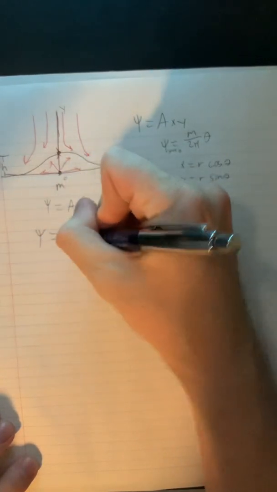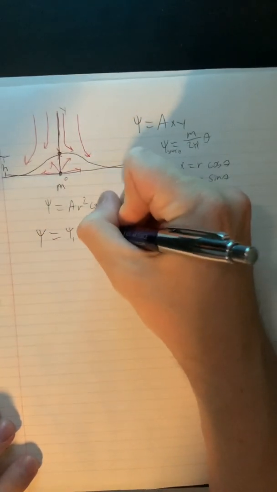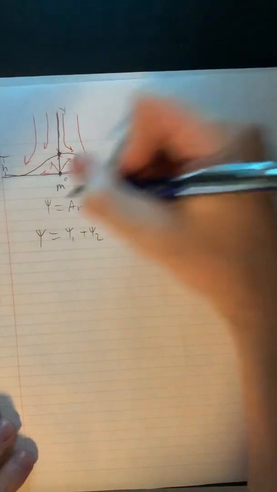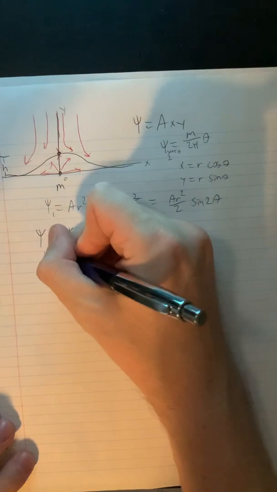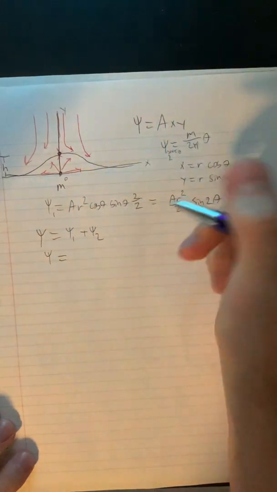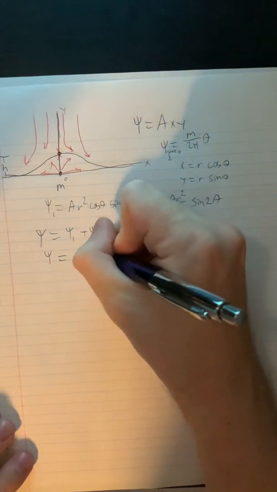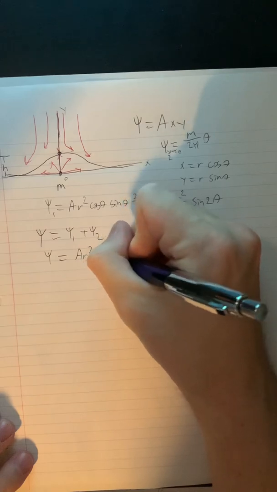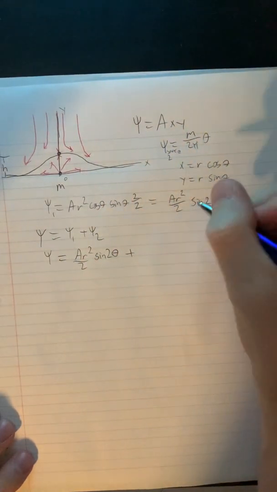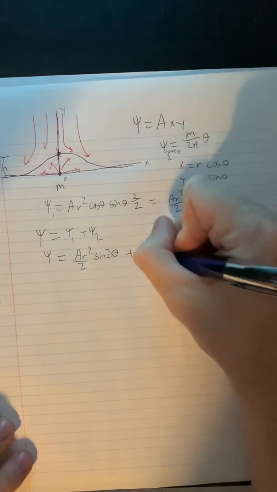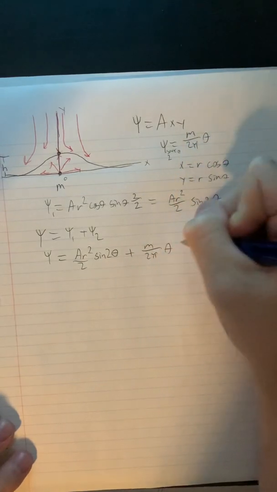So psi is going to be equal to psi 1 plus psi 2. We'll say this is 1 and the source is 2. So really our streamline function for the whole problem is going to be A R squared over 2 sine 2 theta plus M over 2 pi theta.